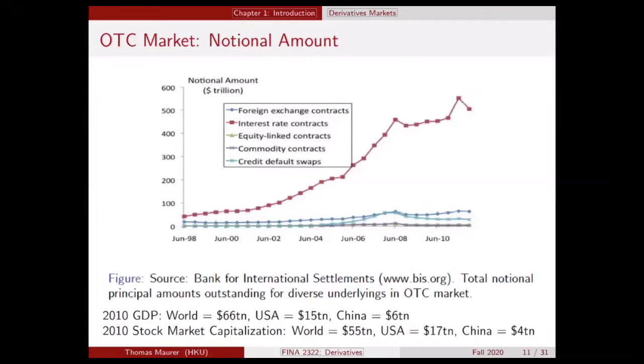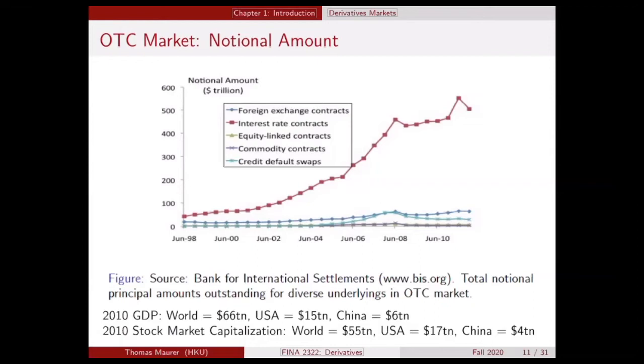Before I do that, still looking at notional values, I just want to slice up these derivative markets, looking at different types of derivative contracts. So here, that red line over here shows the notional value of derivative contracts written on interest rates, which clearly dominate the entire market. So most of the notional value comes from these interest rate derivatives.